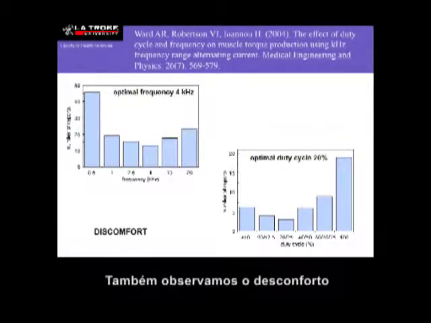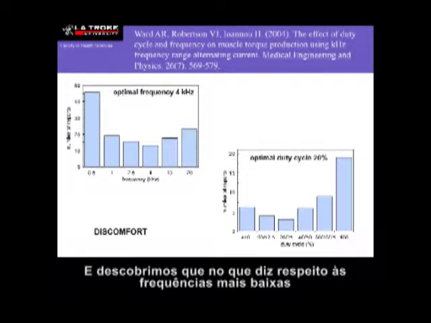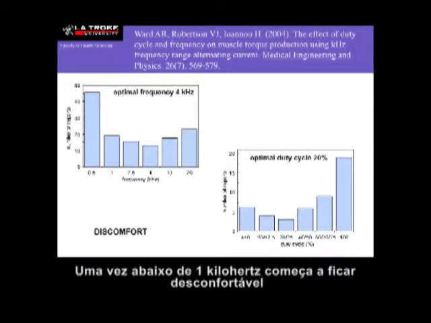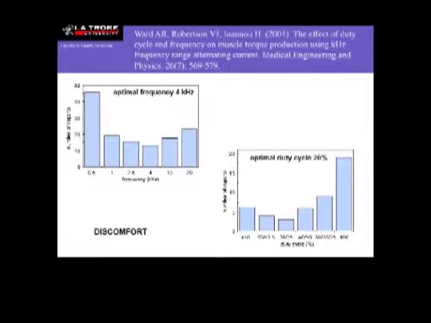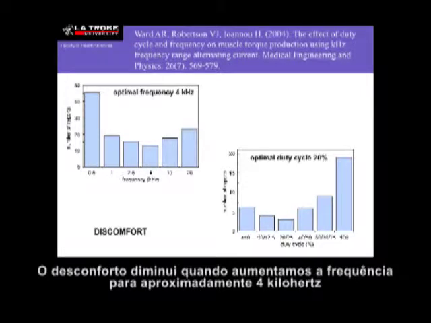We also looked at discomfort at different frequencies and found that once you get below about 1 kilohertz, it starts to become very uncomfortable. The amount of discomfort decreases as you increase the frequency up to about 4 kilohertz.